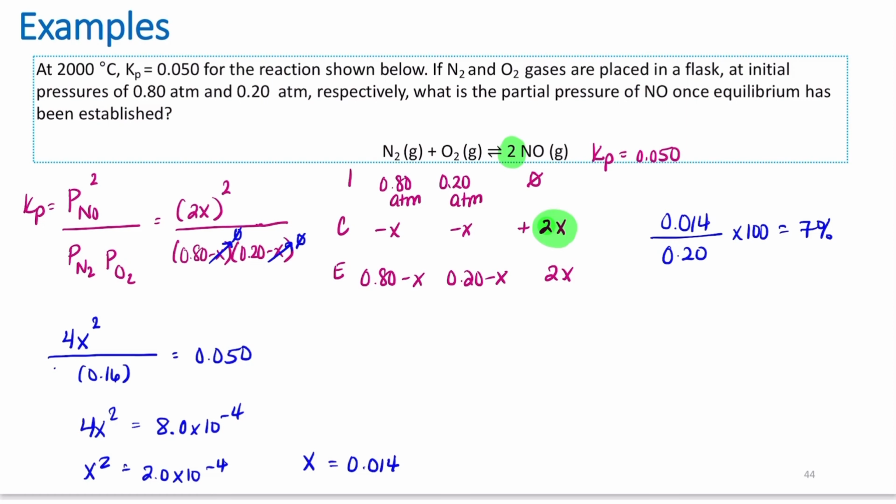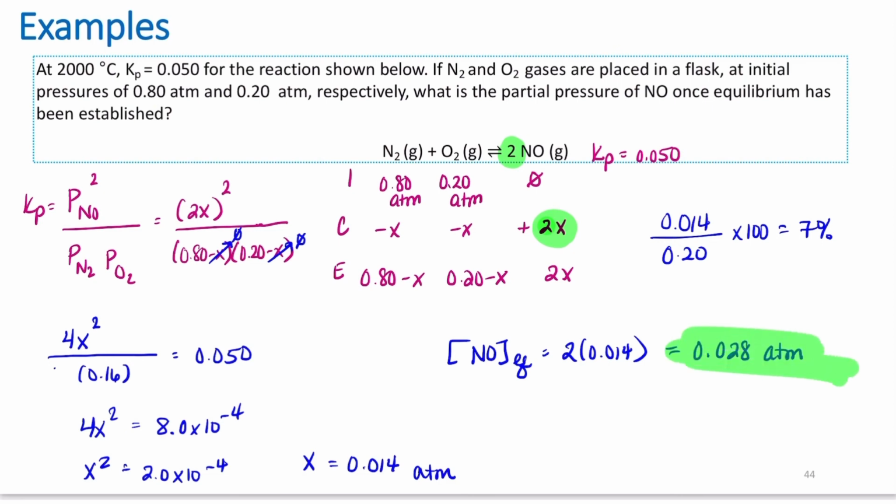What is this all telling me, though? This is telling me that x is equal to 0.014. Well, what do I want? I don't really want x. I want the pressure of NO at equilibrium, which is equal to 2x. 2 times 0.014 gives me 0.028 atmosphere.